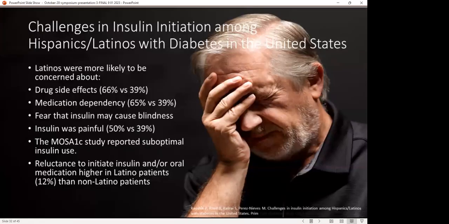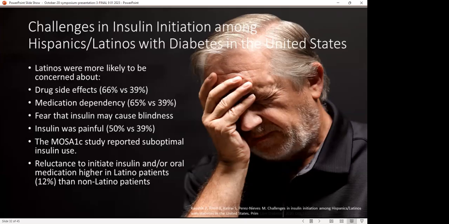So I wanted to touch on cultural health beliefs simply because of some of the issues that may present when it comes to medications. I wanted to touch base on this particular study, because I wanted to emphasize issues with medications when it comes to certain groups.